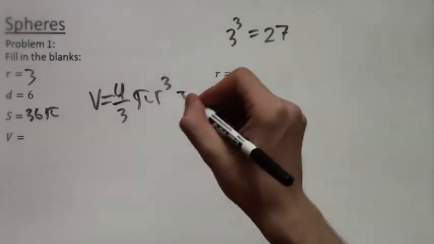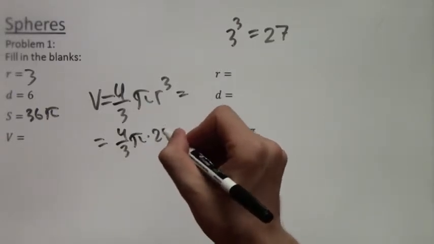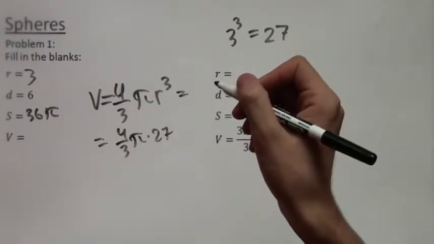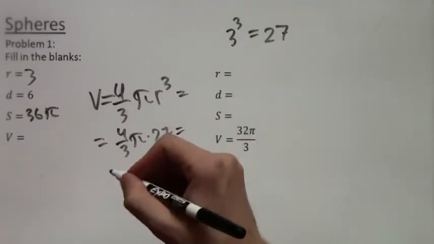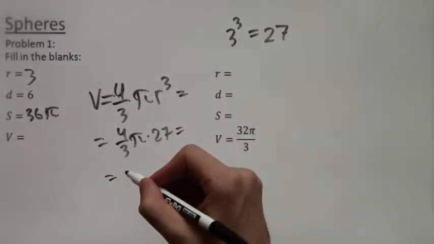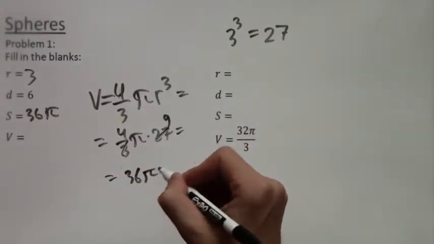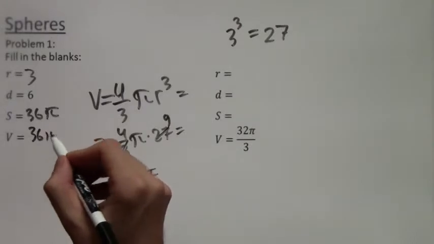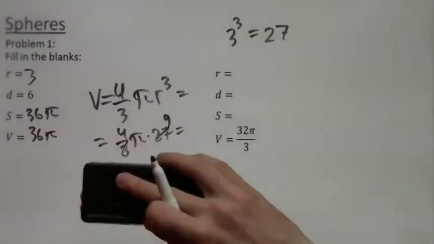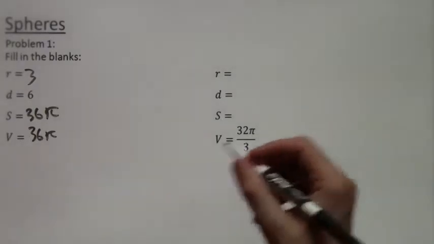So when I plug in the radius equals 3, I get 4/3 times pi times 27. Now this simplifies. 27 is divisible by 3, we get 9. And then we multiply out 4 and 9 and we get 36 pi. So that's the volume.